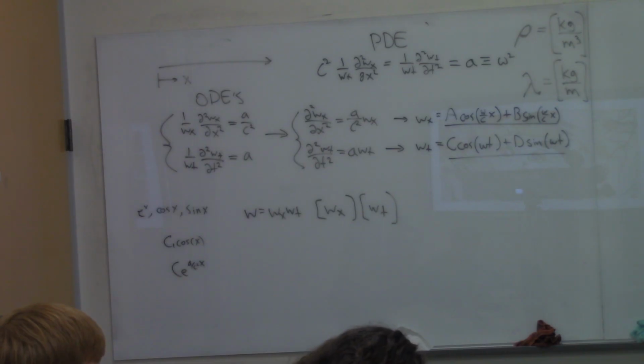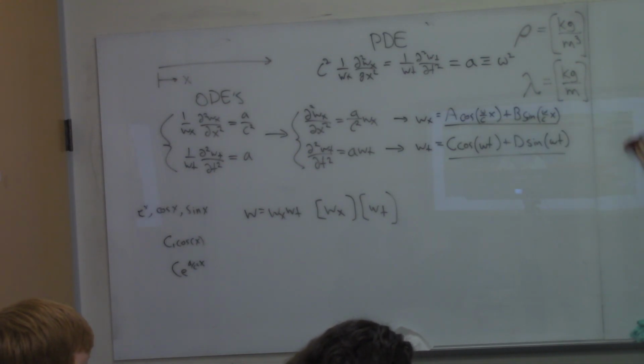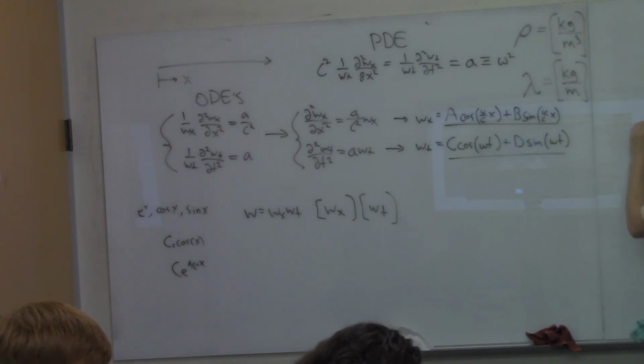If you think about a guitar, and you pluck a guitar and you're watching it, it has the highest amplitude in the middle, and it's 0 at both ends. However, there are multiple modes of vibration for this.